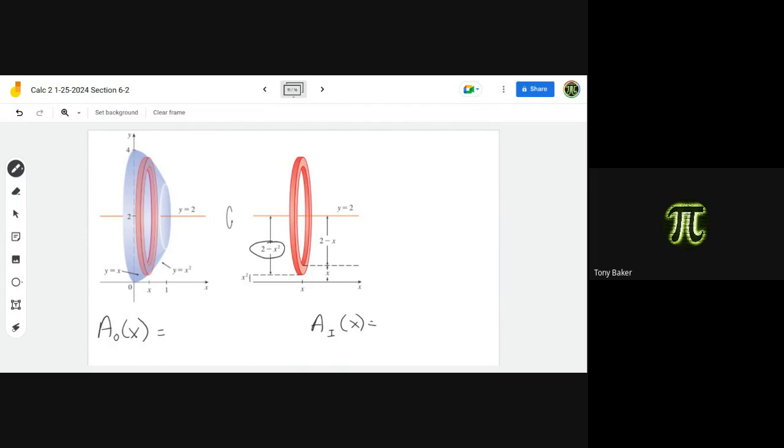Whenever I'm looking at the calculations, it's going from whatever I am down to the x-axis. So this down to that axis is the 2. I'm subtracting off that little piece, that x squared. So 2 minus x squared is going to be that to there.